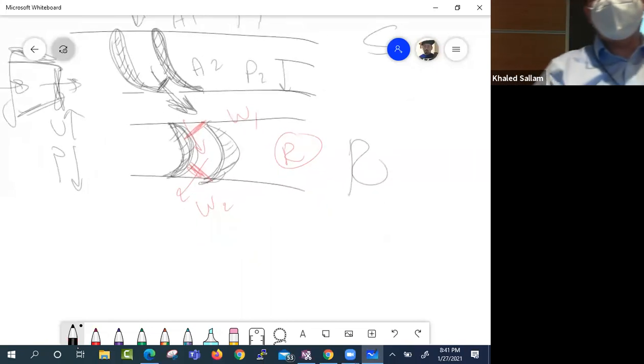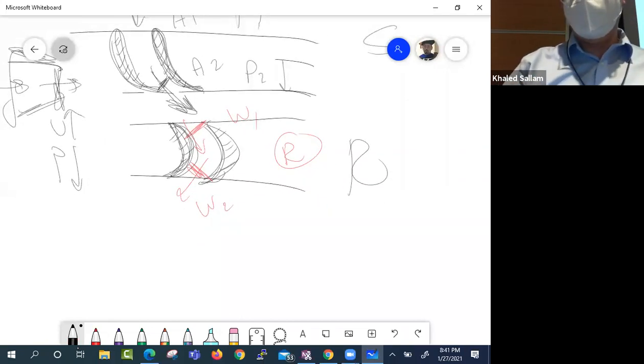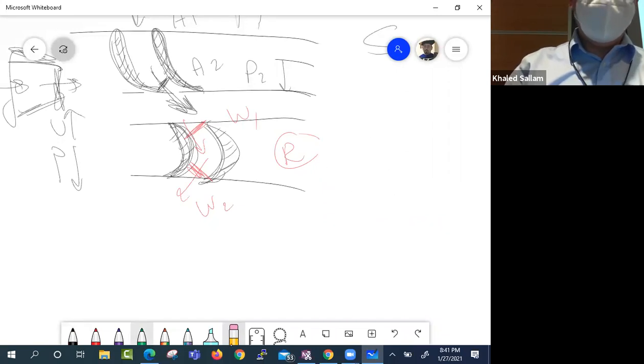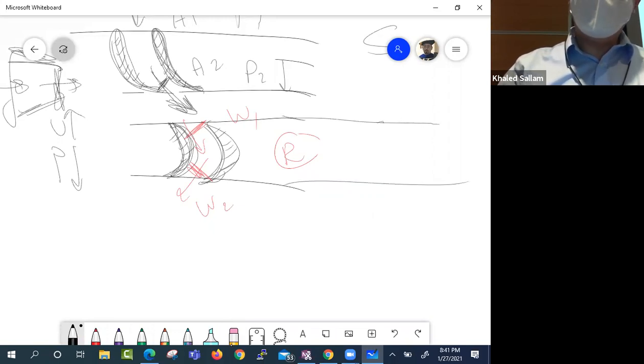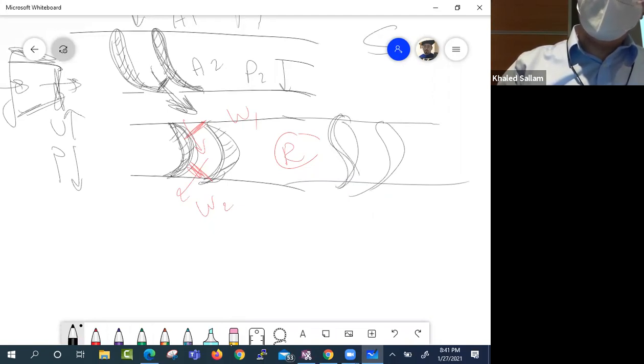But if the rotor plates are such that you actually accelerate the flow, how do you do this? Well, you need to make sure that the area is smaller at the exit.